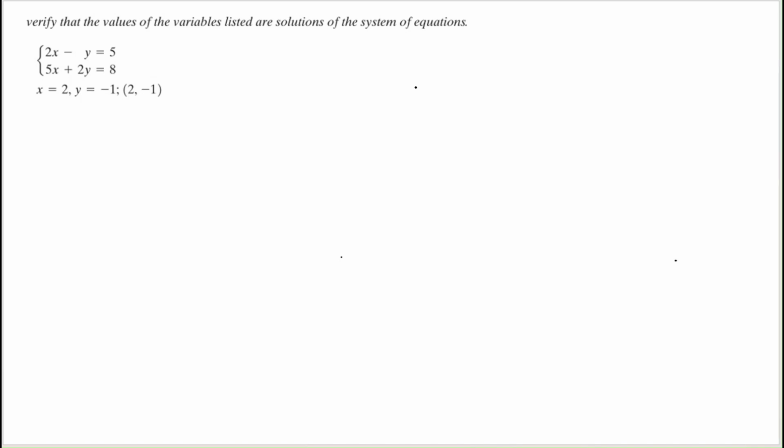So in an exercise like this one, what are we supposed to do? We're going to substitute x and y into both equations, and we're going to see if we get true statements. We take the first equation, 2x minus y equals 5.